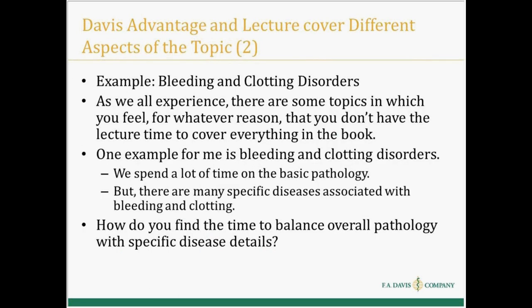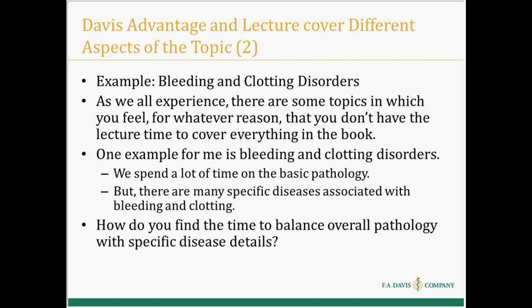Another place where I'll sort of split the material, if you will, between Davis Advantage and my lectures are bleeding and clotting disorders. I don't know where these fall in your sequence as far as your classes go, but this is one of the topics I constantly feel I'm hurrying through a little bit.